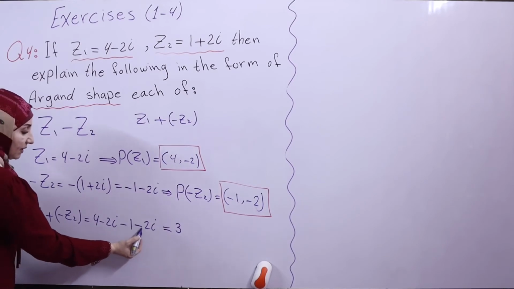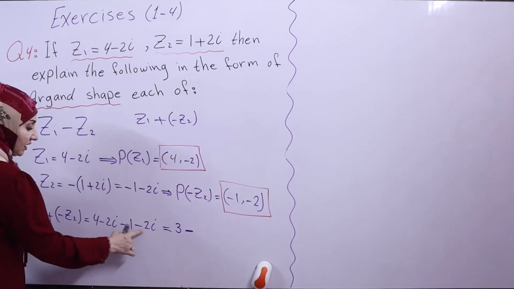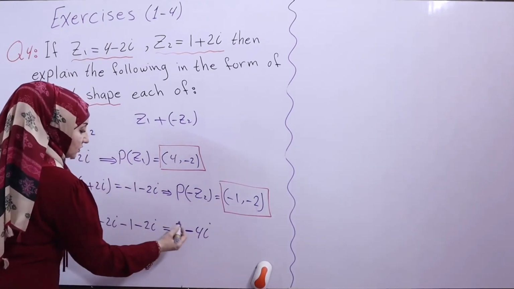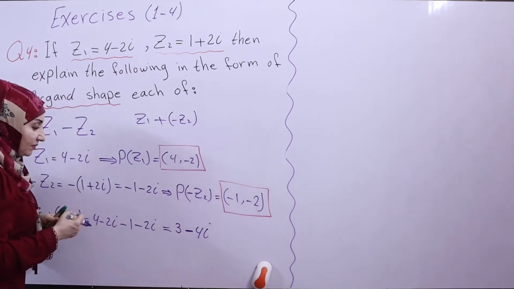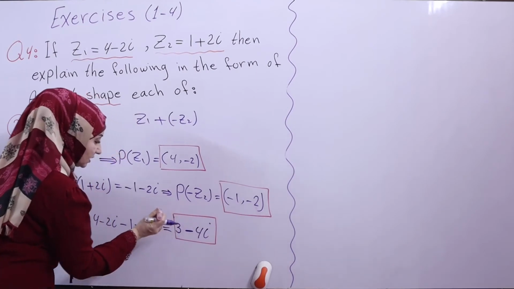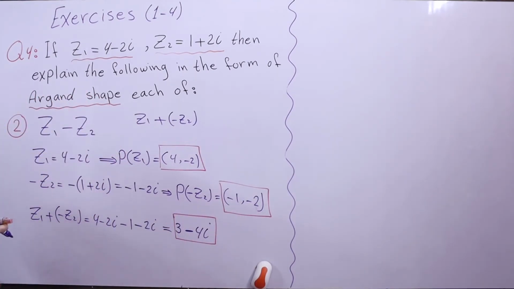Negative 2i minus 2i, the same signs, we put the same sign and add the numbers. So it will be negative 4i. So this is the complex number which represents the subtracting of these two complex numbers.